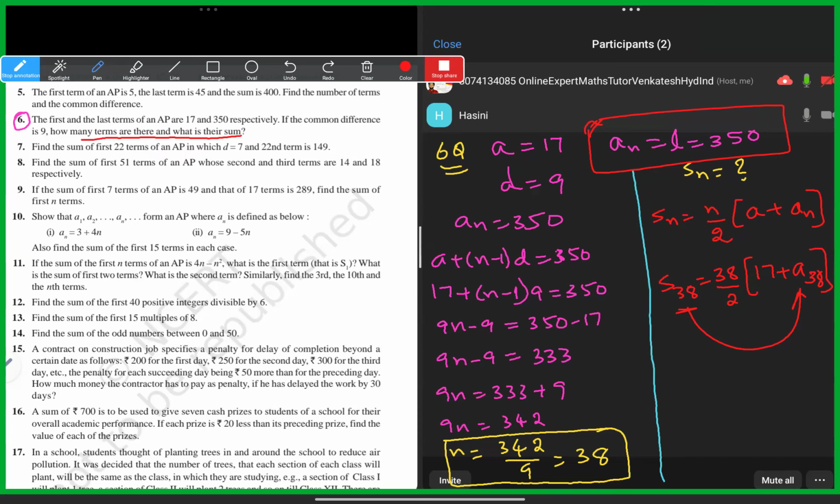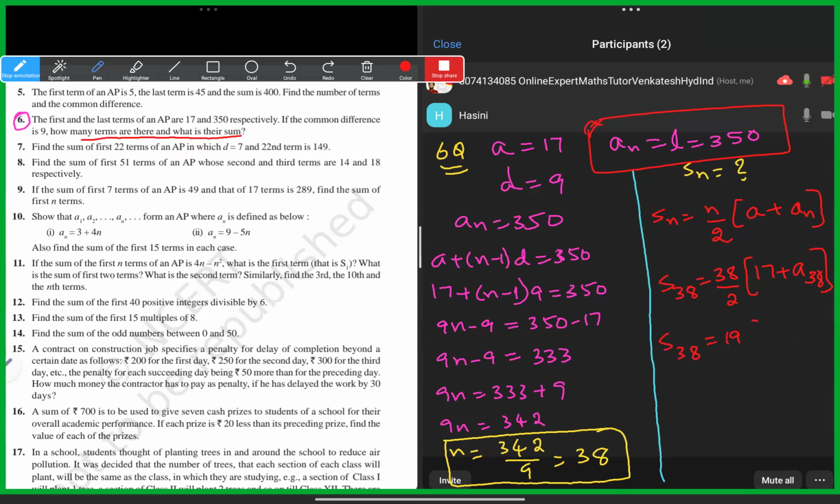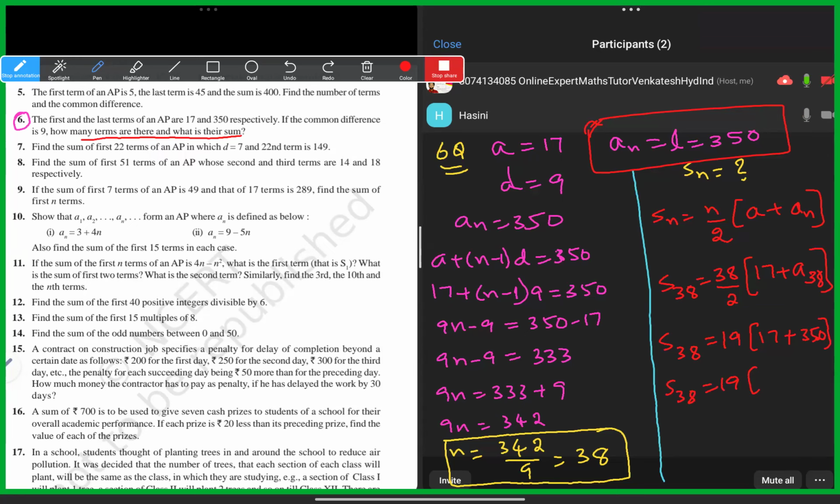Whatever n is there, if you have that related term, then only we can use the second formula. So S38 is equal to 38 by 2, which is 19, into (17 plus A38). How much is A38, Hasni? 350. So S38 is equal to 19 into (17 plus 350), which is 367.